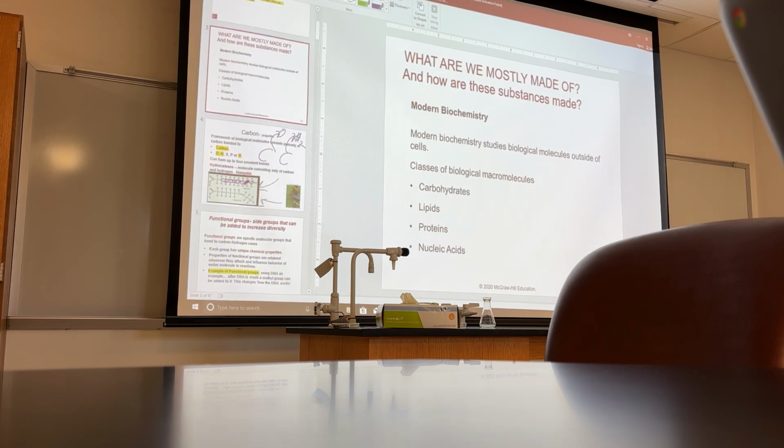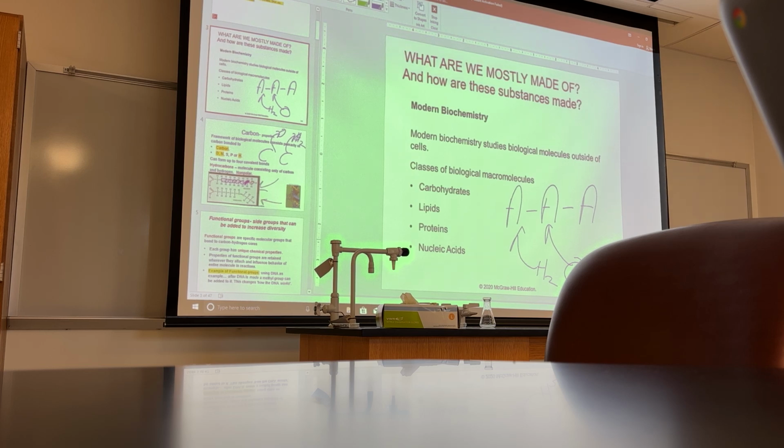And that's the same for all of these. For proteins, I have one amino acid linked to another amino acid, which links to another one, and then somebody gives up 2 hydrogens and somebody else gives up an oxygen, which is H2O.